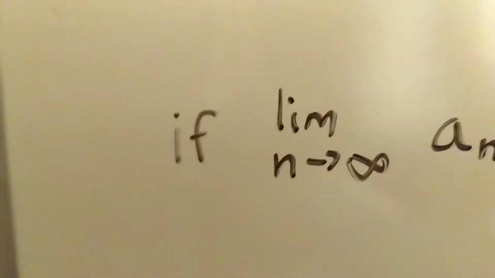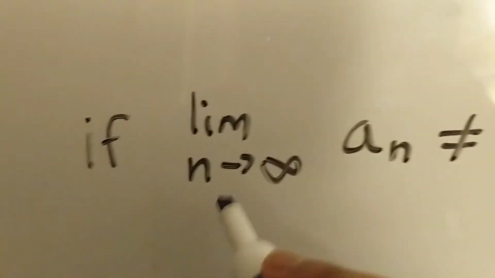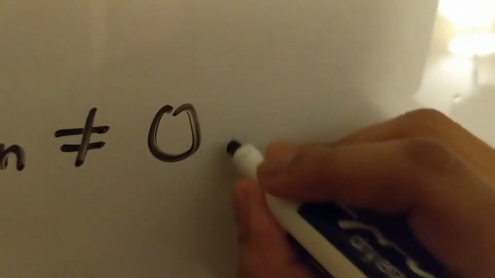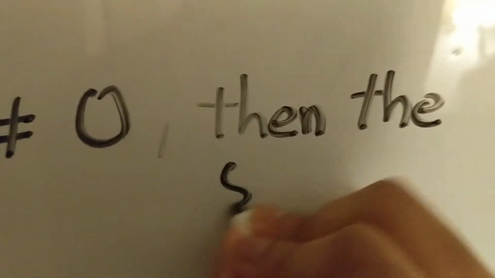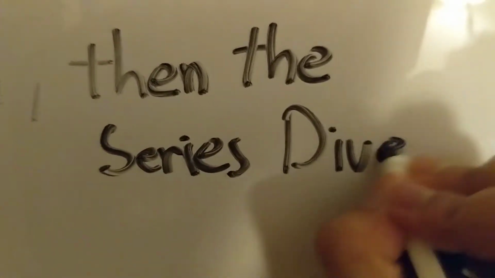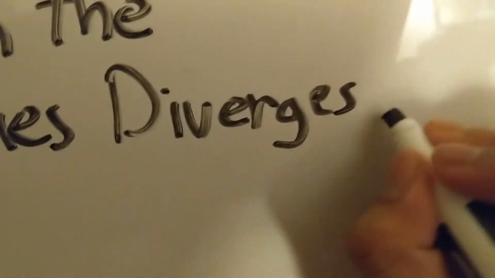The divergence test says that if the limit as n approaches infinity of a of n, notice it's not the series, just a of n, does not equal 0, then the series diverges. This doesn't apply to sequences, just series. You can say this with 100% confidence.